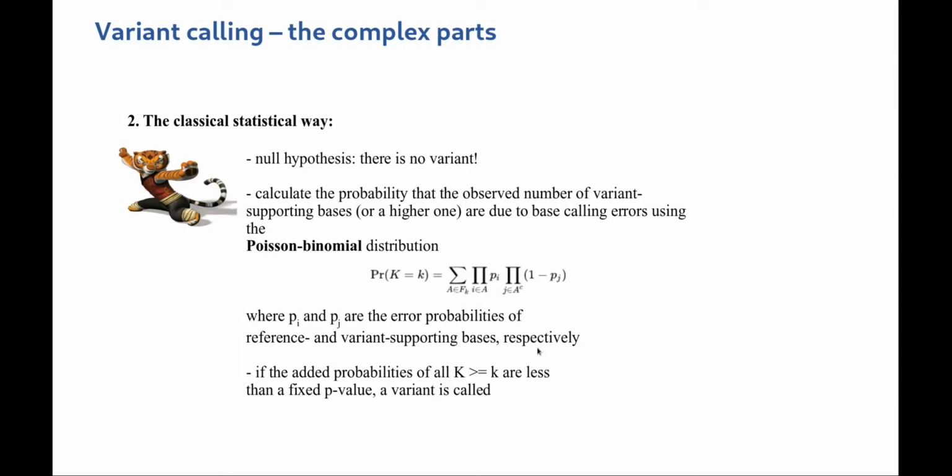And then if the added probability of the observed number of variant supporting bases and any number higher than that combined is less than a fixed p-value, then you conclude, okay, I cannot explain the number of observed variant supporting bases by these error rates alone, so there is likely a variant there. And then you reject your null hypothesis and call the variant.